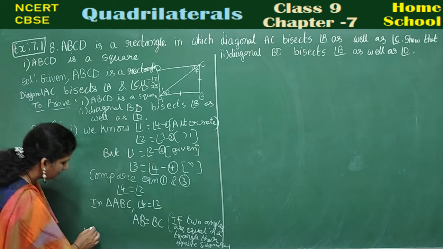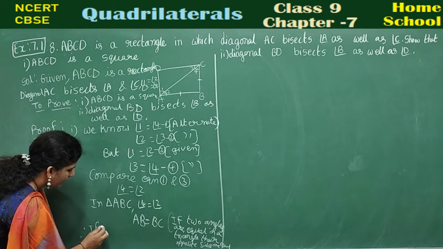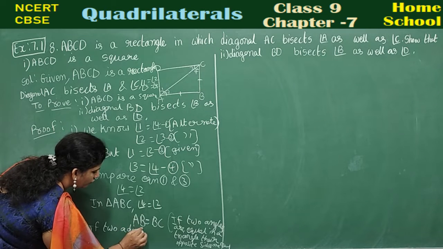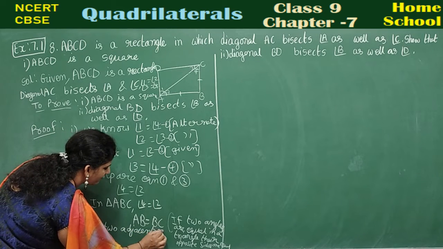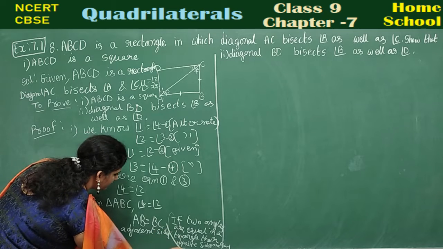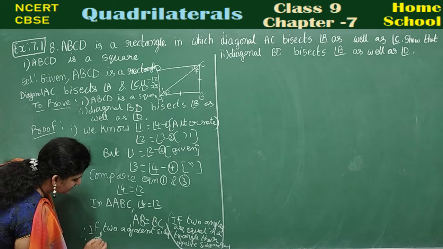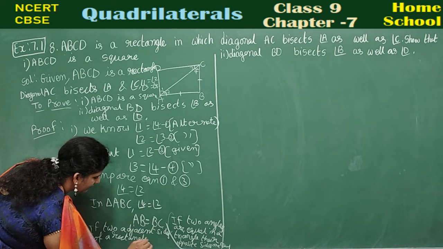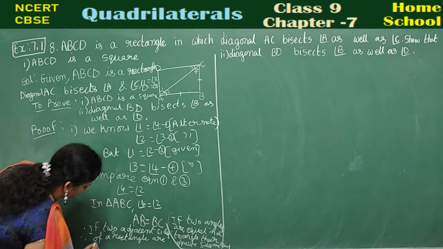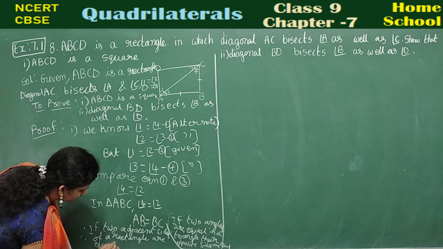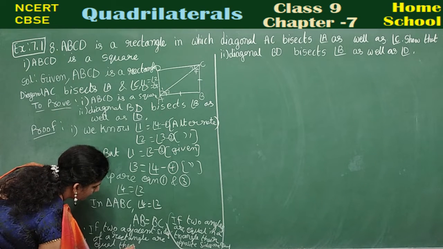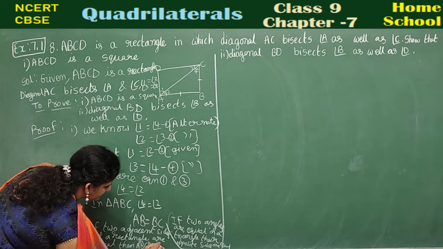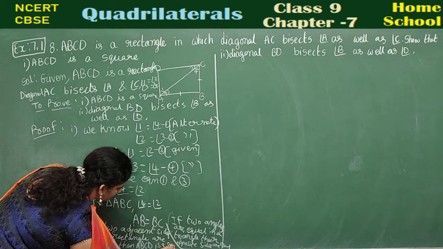Therefore, if two adjacent sides of a rectangle are equal, then ABCD is a square.